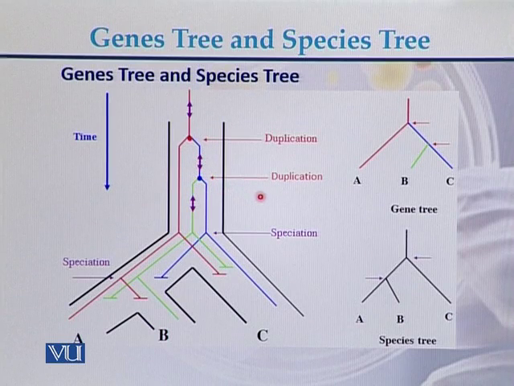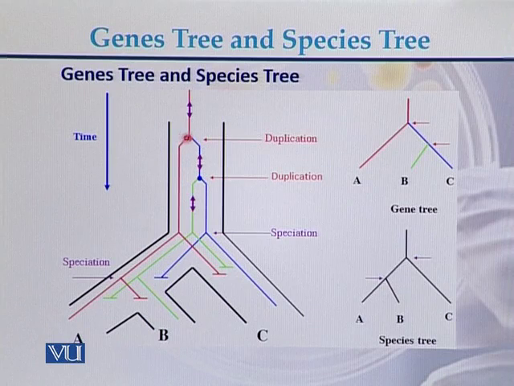Now, if we want to differentiate between the gene tree and the species tree, we can see here that A, B, and C represent the gene tree. Here is the gene tree in red color, here in green color, and here the blue color is for the gene tree.